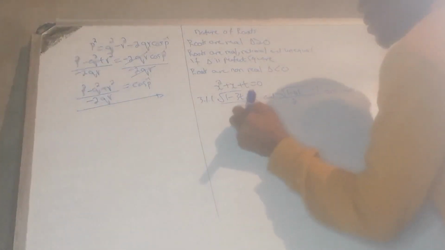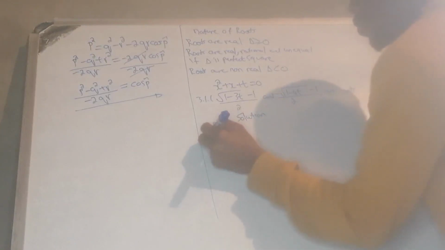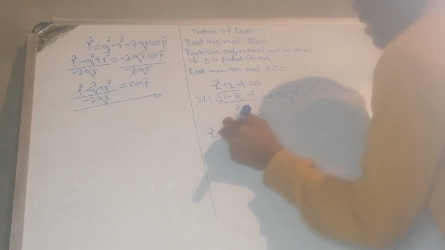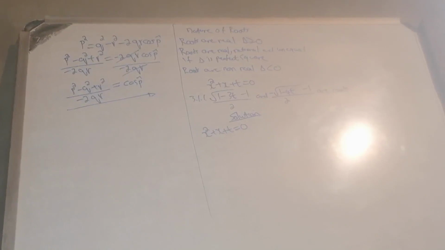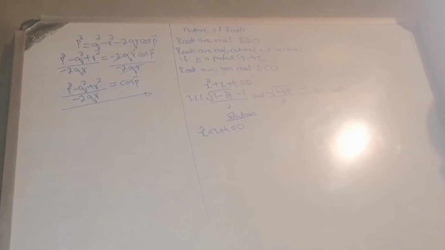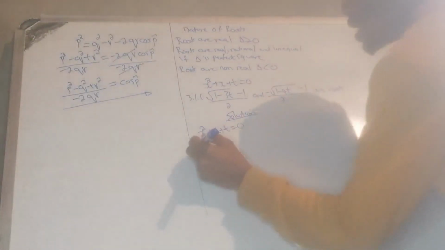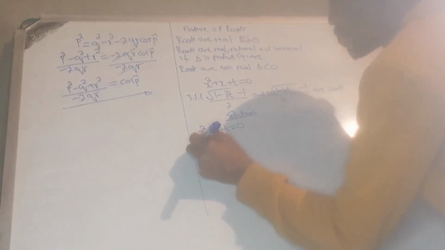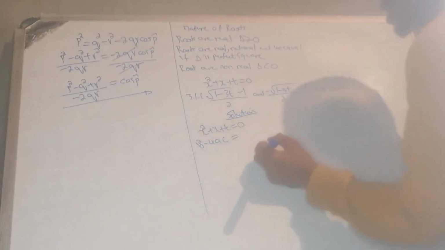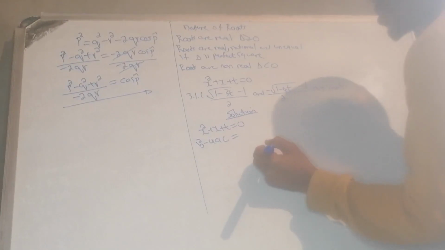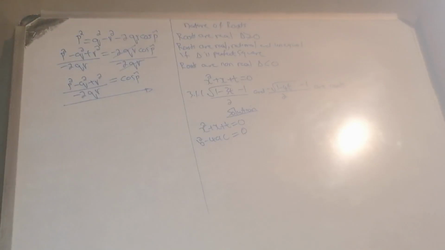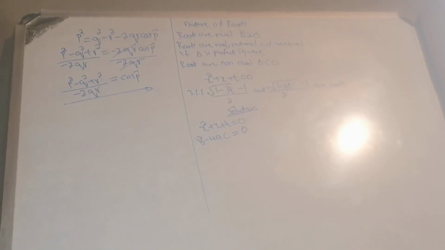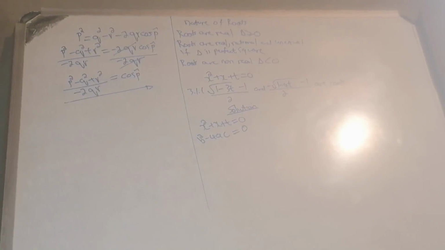We have x squared plus x plus t equals 0. If I want the nature of the roots, b squared minus 4ac is equal to 0, because they are not being specific whether the roots are real, rational, irrational, or non-real.